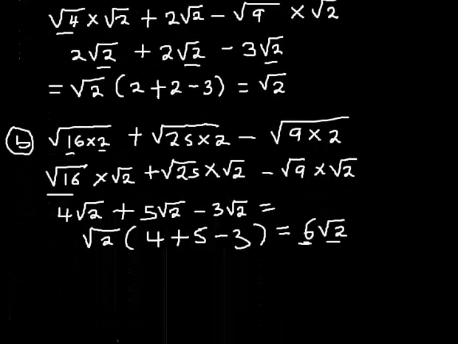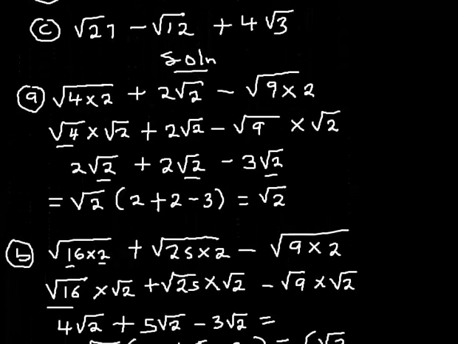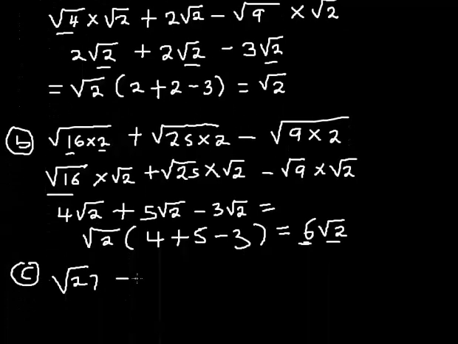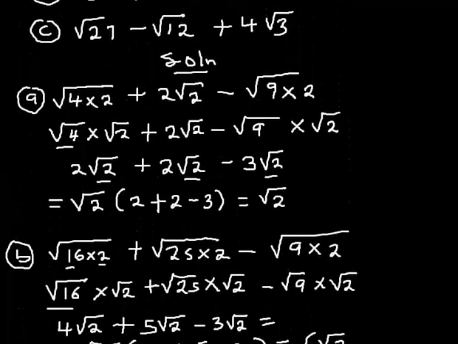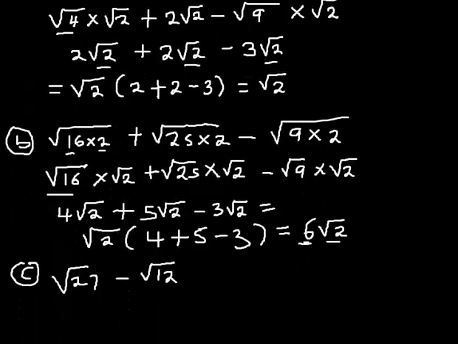So the C part of the question, I have the square root of 27 minus the square root of 12, then plus 4 root 3. All right, so what do we do here? 27, how do I split that?